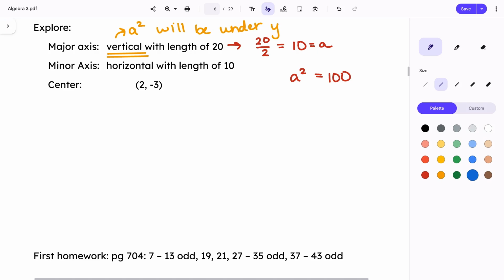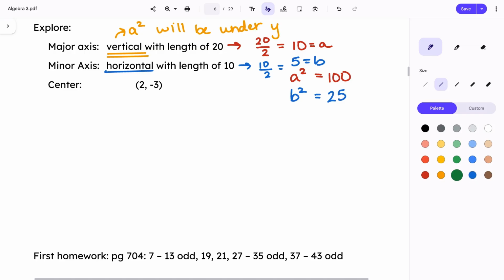So this tells you it's going to go underneath the x. Half of 10 is 5, and that's your b. So b squared is, square it. Take 5 squared. 25.